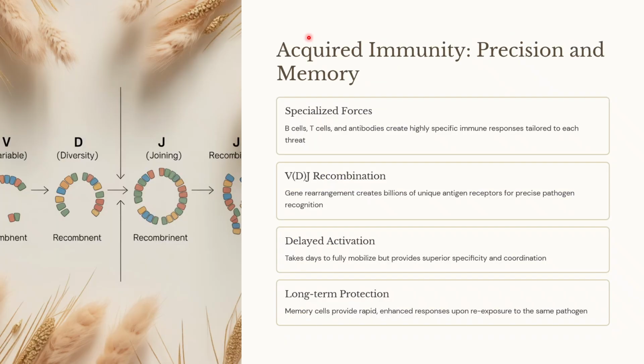But on the other hand, we have acquired immunity. In acquired immunity, the special forces are T cells and B cells, as well as the antibodies produced by the B cells. In contrast, here there is VDJ recombination. What do we mean by VDJ recombination or rearrangement?